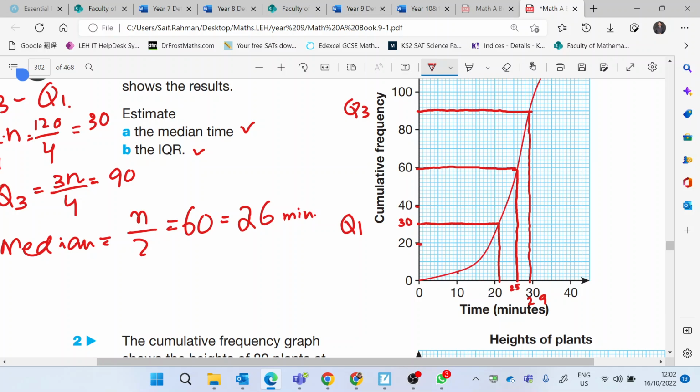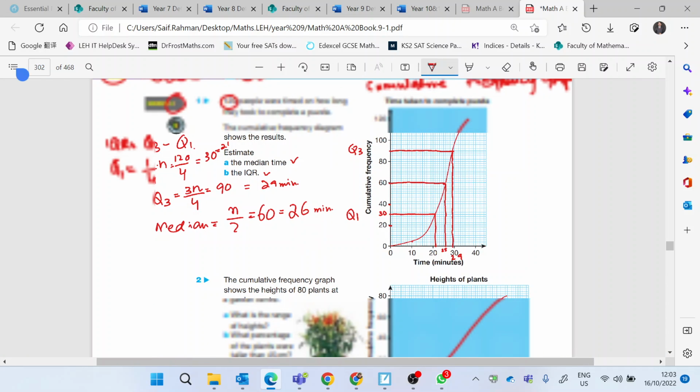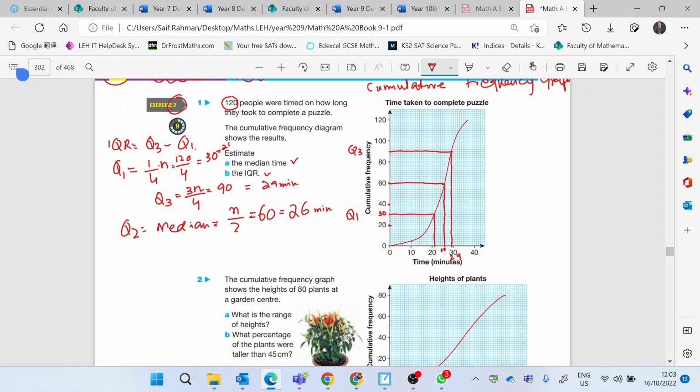Our Q3 is here, 29 minutes, and our Q1 is 21 minutes. By this, we can very easily estimate the median time.